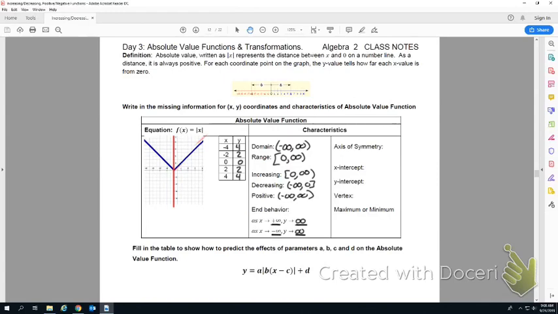What's that, David? X equals 0. Guys, underneath axis of symmetry, I want you to put x equals the x value of the vertex. Your axis of symmetry is always going to be that. So if you know the vertex, you know the axis of symmetry.